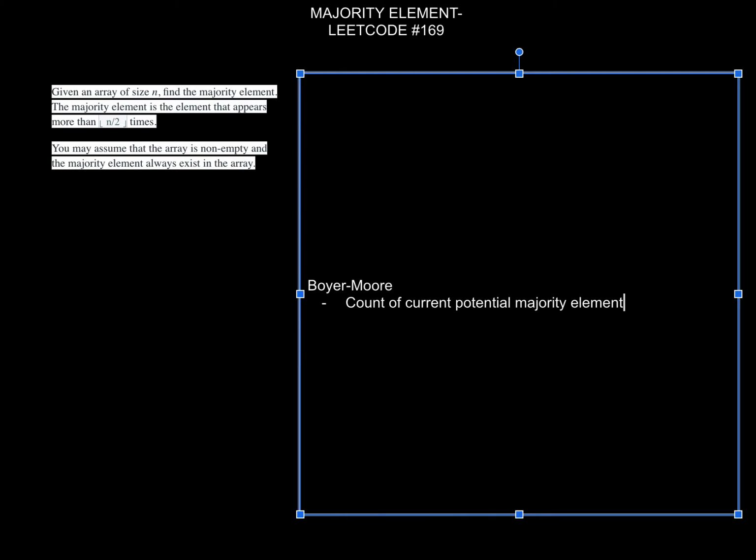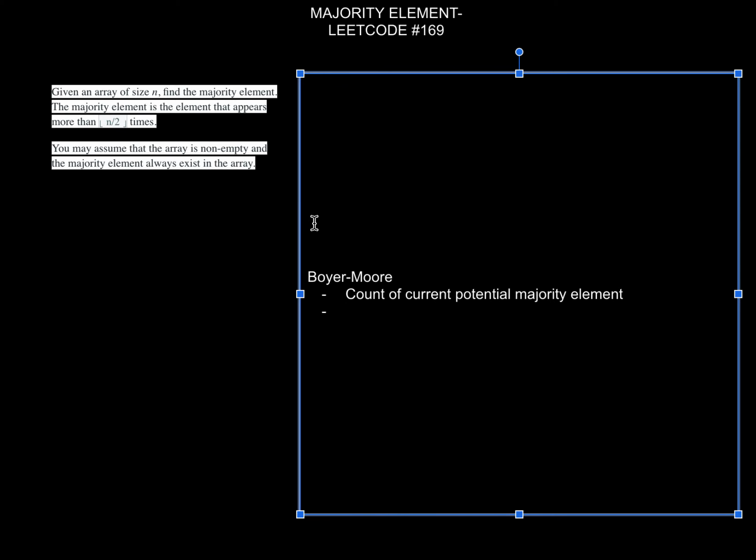What this algorithm ensures is that we have a potential majority element, and if the array doesn't have a majority element, like in the last case that I just showed, then we have no majority element, and we don't need to handle that, because it states here that every array would have a majority element.